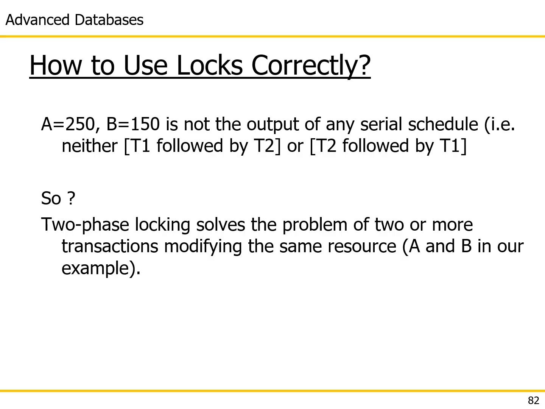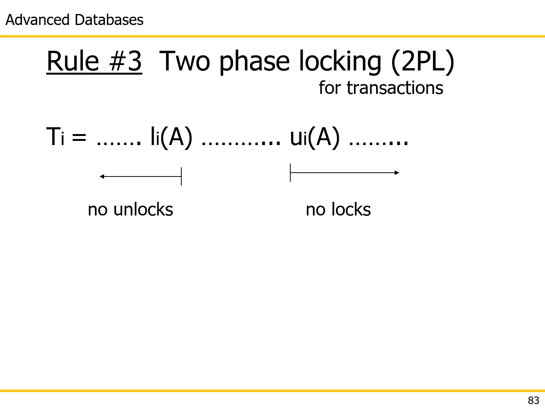So what we're going to do is what database engine schedulers actually do when they insert locks inside the transaction. They do it in a specific way called two-phase locking, which will solve our problem. Okay, so let's look at what is two-phase locking.